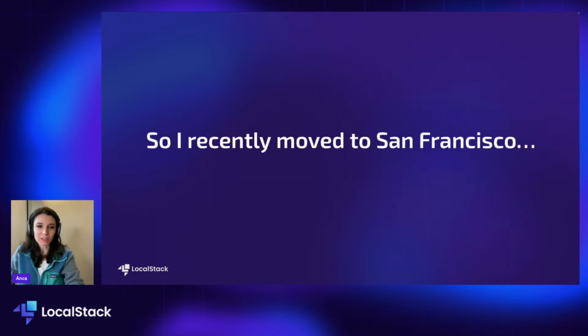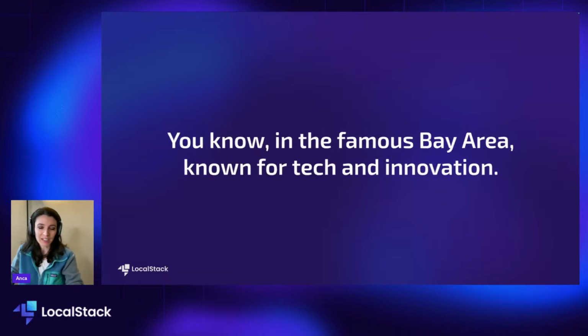So we're going to be talking a little bit about how you can build AI-powered applications locally with LocalStack and Ollama. A little story to give you some context to how I got here. I moved to San Francisco recently, about 5 or 6 months ago. It's in the famous Bay Area that's known for tech and innovation. At first it was scary, but then it got exciting.